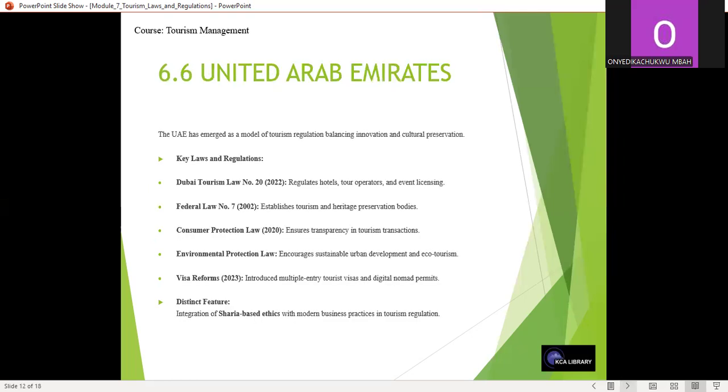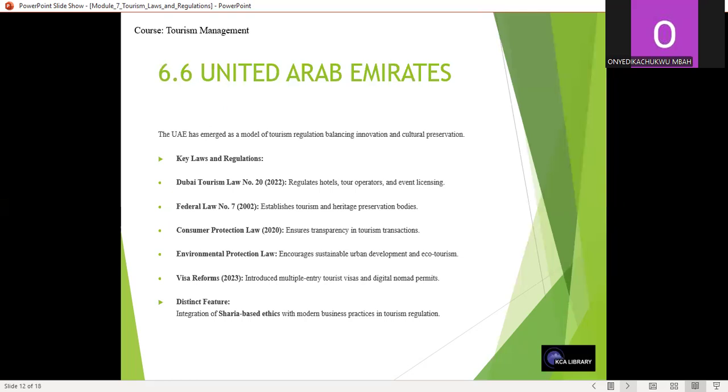Now we have the United Arab Emirates. The UAE has emerged as a model for tourism regulation, balancing innovation and cultural preservation. What are their key laws and regulations? The Dubai Tourism Law 2022 regulates hotel, tour operators, and events licensing.